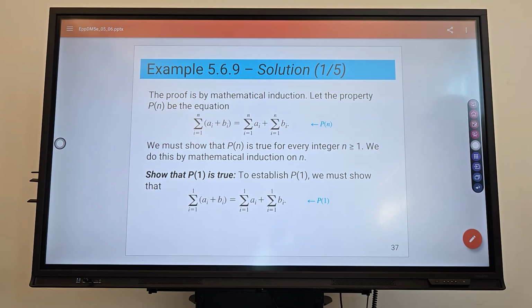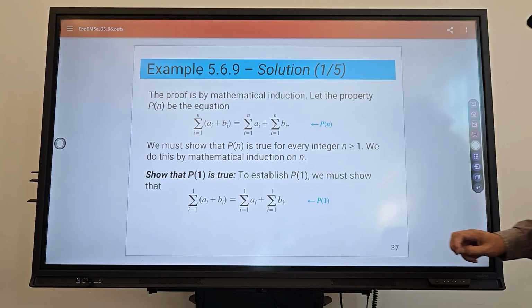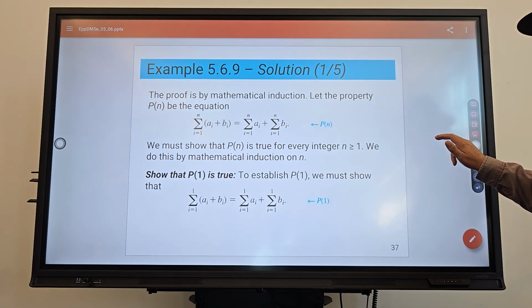To establish P(1), we must show that this is true.